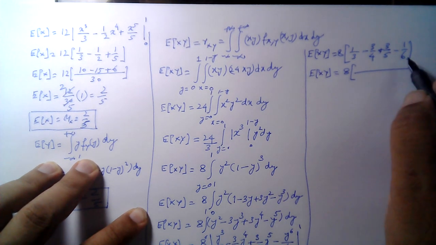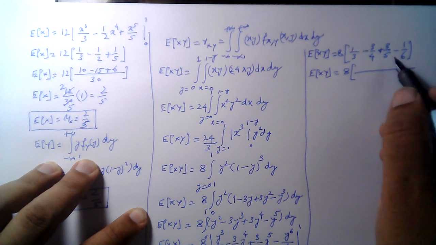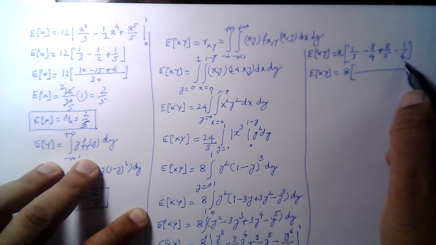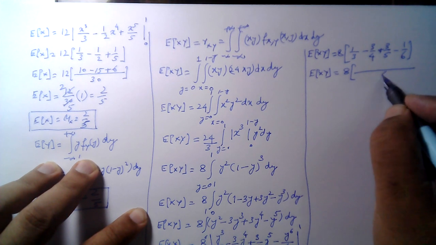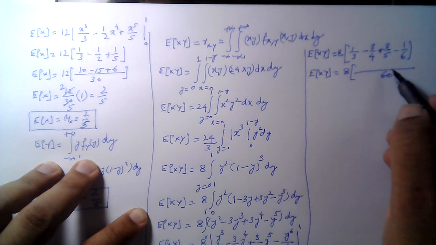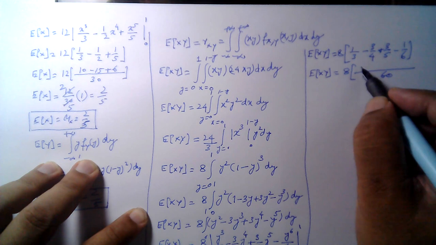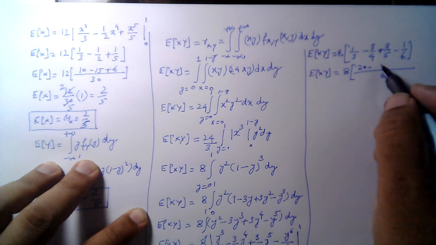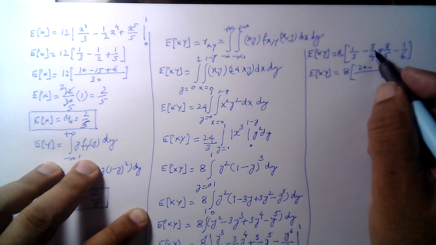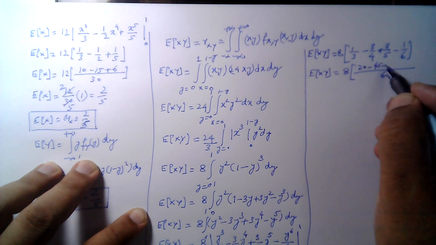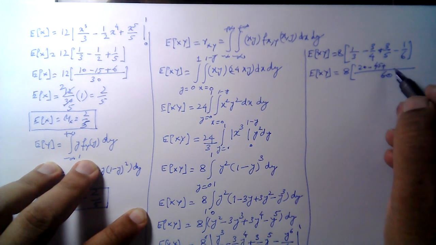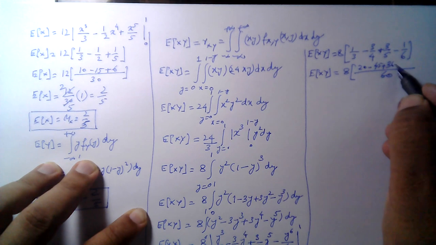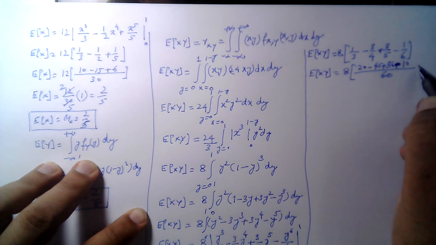So here we are, the expected value of xy, or the correlation of x and y, is 8, and what should be the LCM? 6, 5, 4, 3, the LCM is 60. So 20 into 3 is 60, minus 15 into 3 is 45, plus 12 into 3 is 36, and minus 10.